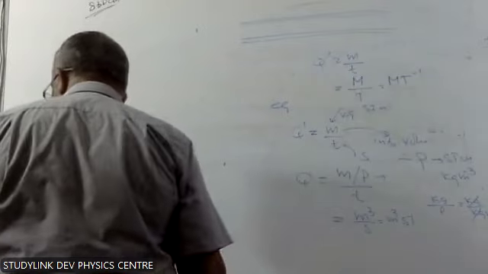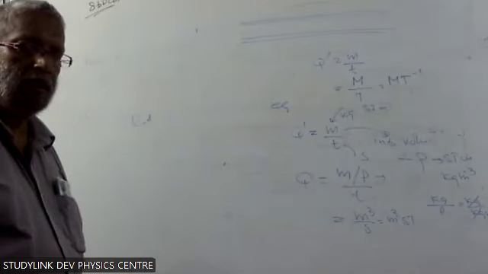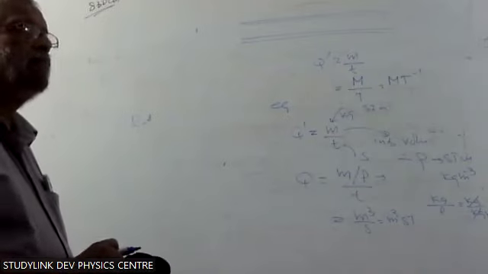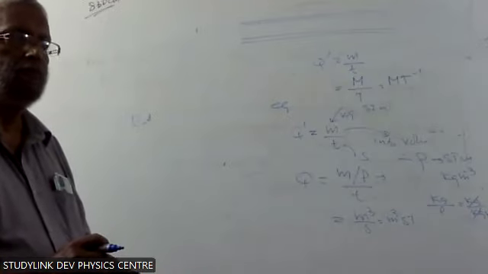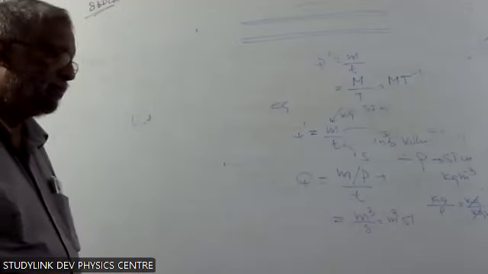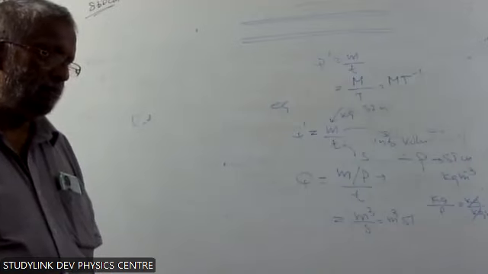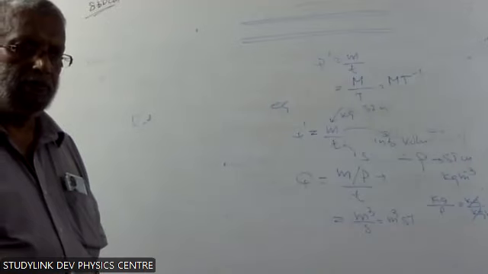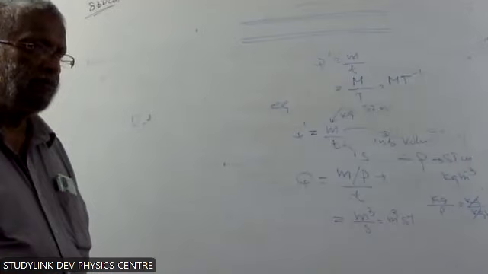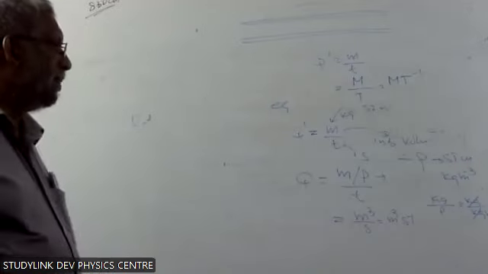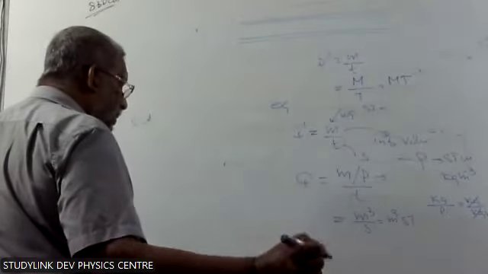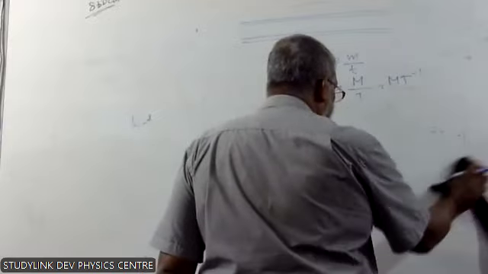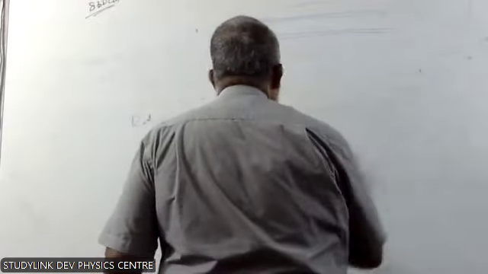Example: the rate of flow of liquid is 400 grams per minute.